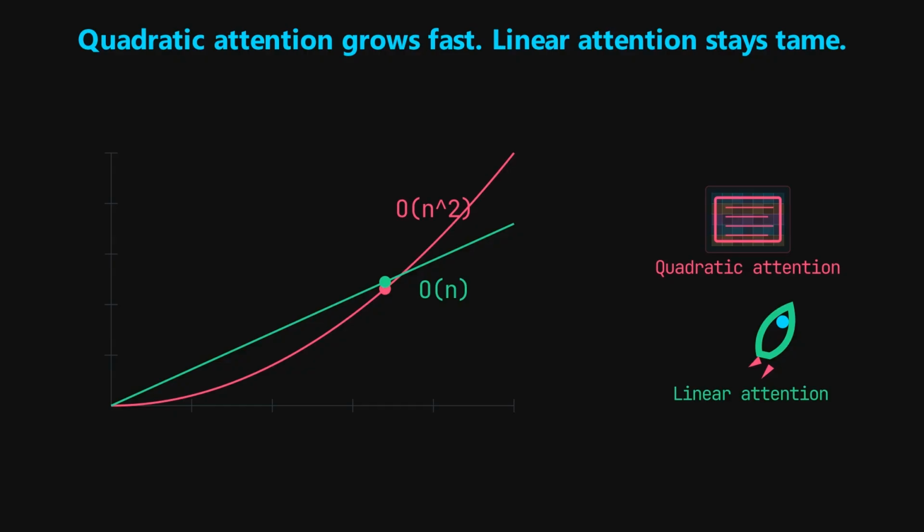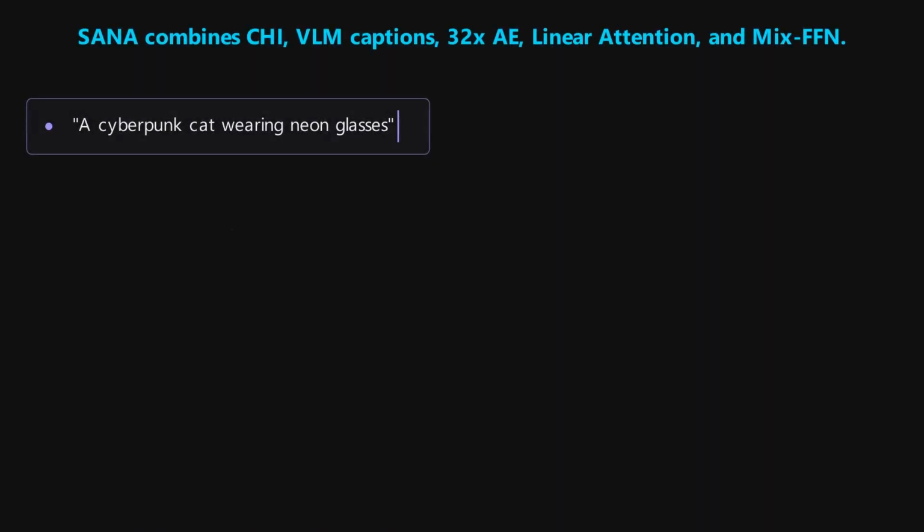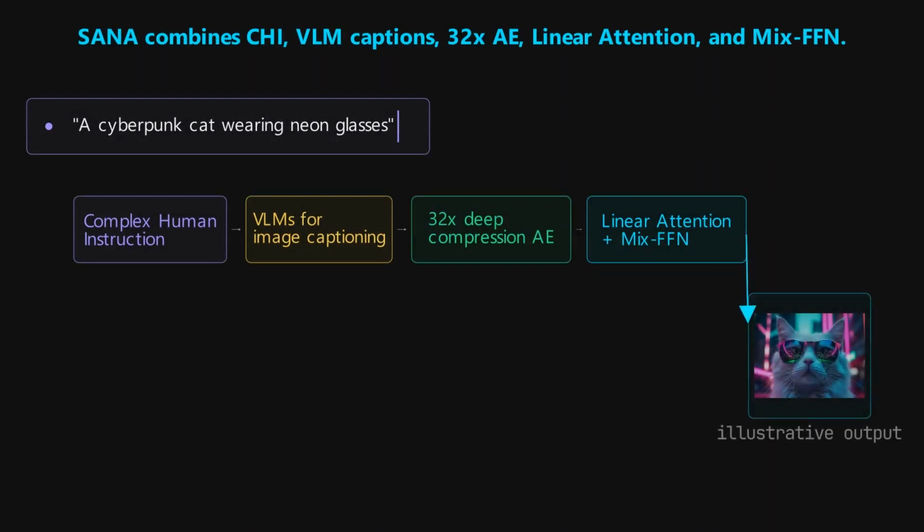In other words, the model is not just trying to follow short prompts, like a cat. It is designed to handle richer, more detailed instructions. Together with VLM-based image captioning, linear attention, and mix FFN blocks, the goal is clear: high-resolution generation with less computational weight.